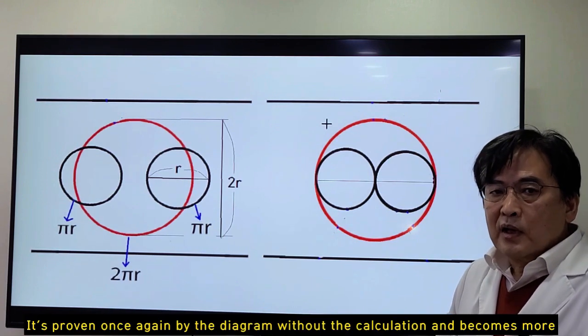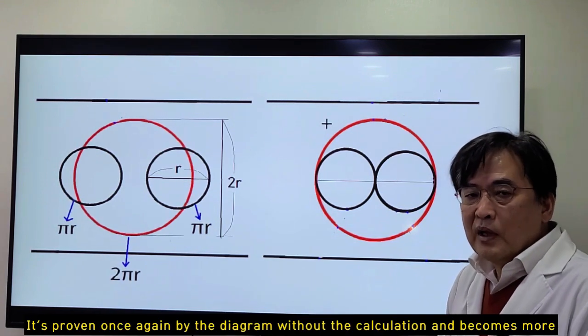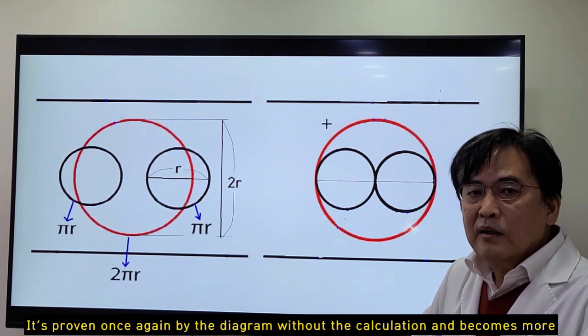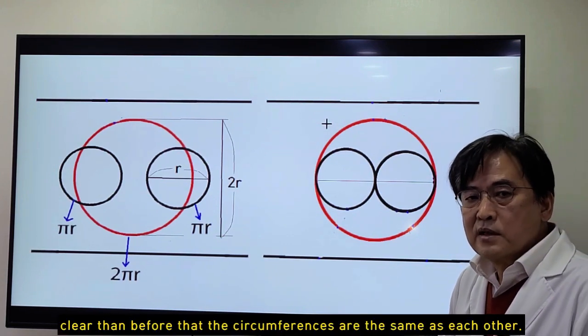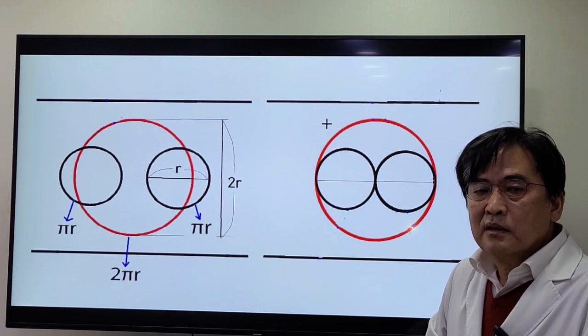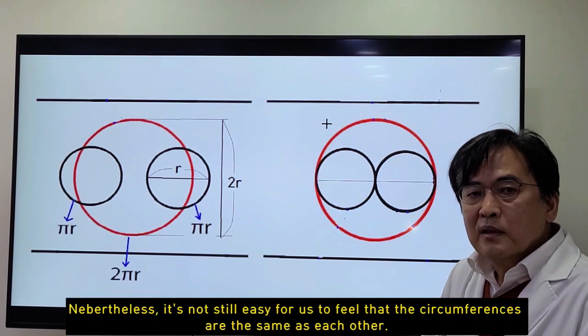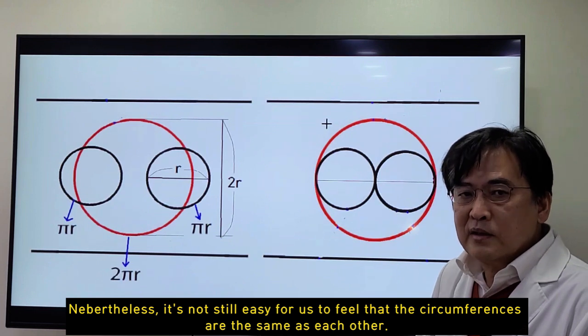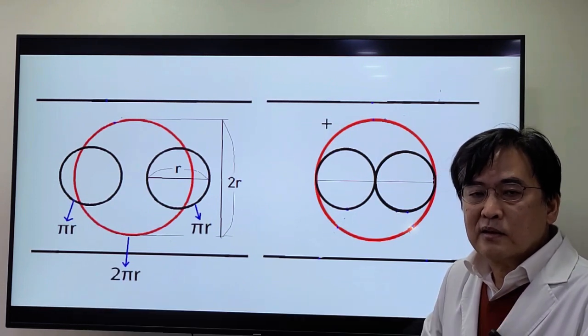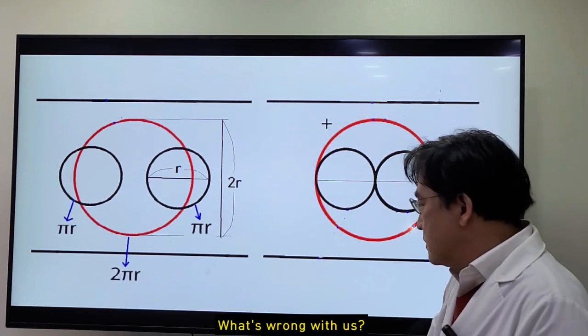It's proven once again by the diagram without calculation and becomes clearer than before. The circumferences are the same as each other. Nevertheless, it's still not easy for us to feel the circumferences are the same. What's wrong with us?